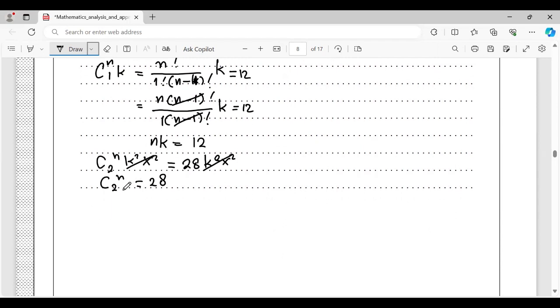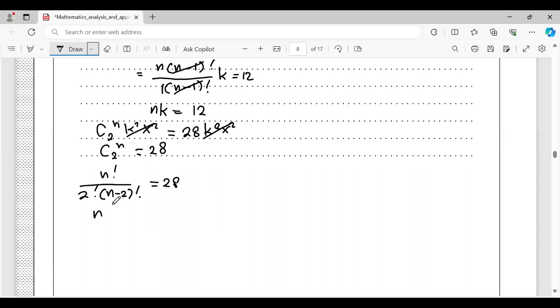So this combination becomes n factorial over 2 factorial times n minus 2 factorial equals 28.